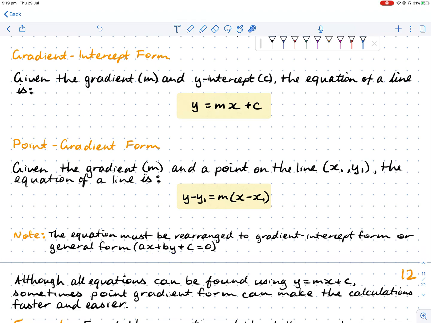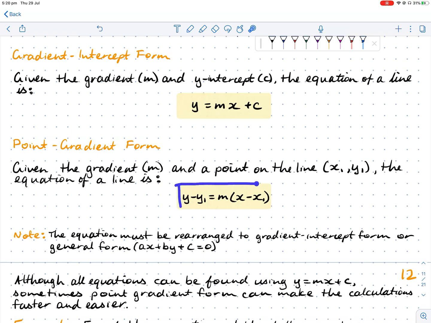And the key thing in general form is a, b, and c are all whole numbers. So we don't want any decimals, don't want any fractions. In actual fact, with the x value, we try to keep that positive as well. So a needs to be a positive value and a, b, and c are all integers. So that's what we're aiming for.